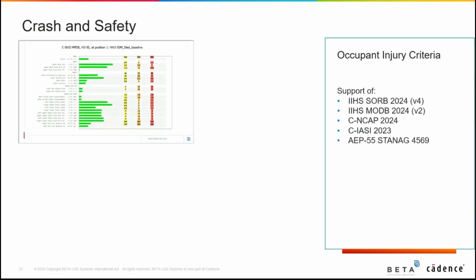In addition to that, Meta now supports IIHS Small Overlap Protocol 2024 version 4, IIHS MODB Protocol 2024 version 2, support of Chinese NCAP version 2024, support of Chinese ISI version 2023, support of AEP55 STANAG 4569 Protocol for Regulation for Armored Vehicles.